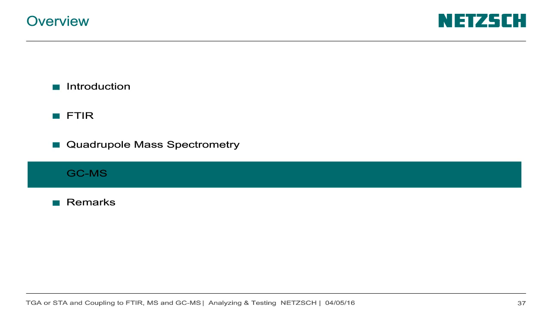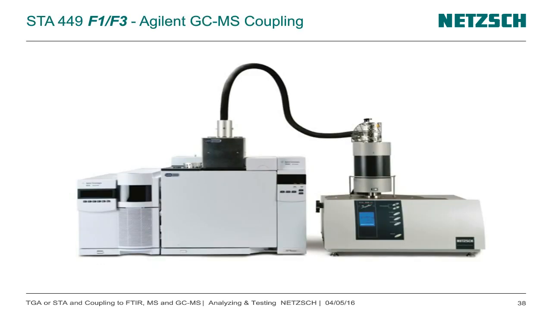So, GCMS. Here you see the schematic or the picture of an STA coupled to an Agilent GCMS, the Agilent GCMS on the left side, and on the top of the GCMS there is a valve box, because to a GC it makes no real sense to go over the whole time, so you add something with a valve or with a loop into the column, so that there's a possibility of separation.